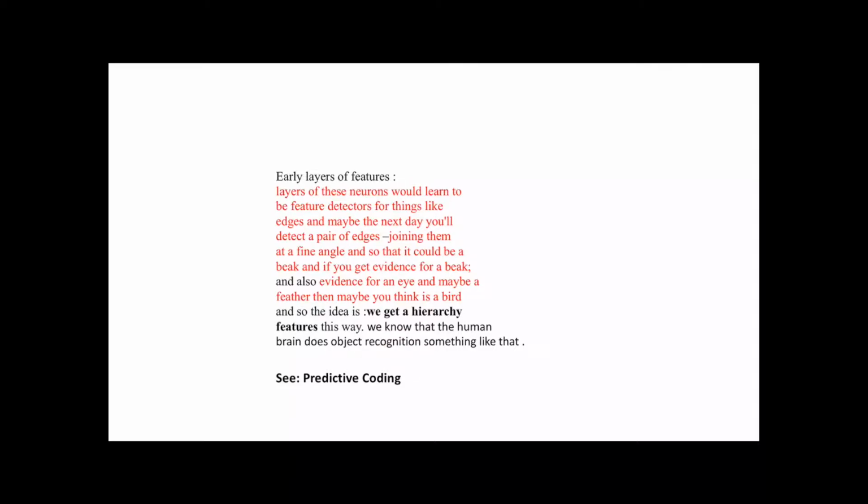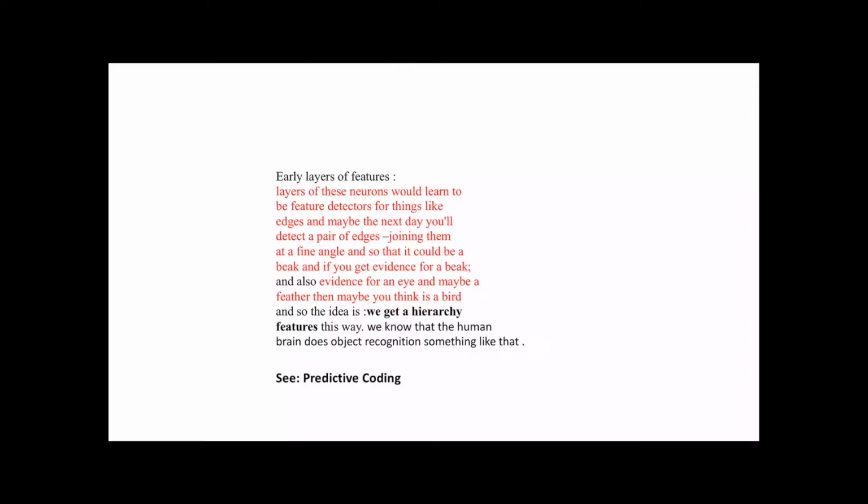Each layer of neurons would learn to be feature detectors for things like edges. And maybe the next layer will detect a pair of edges joining at a fine angle. So that could be a beak of a bird, or you could get evidence for a beak, and also evidence for an eye, and maybe a feather, and then maybe you think it is a bird.